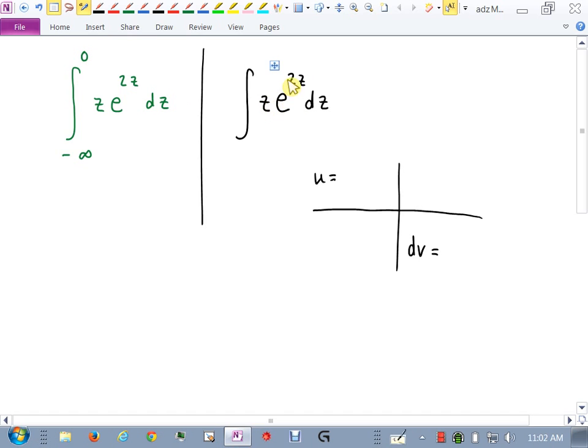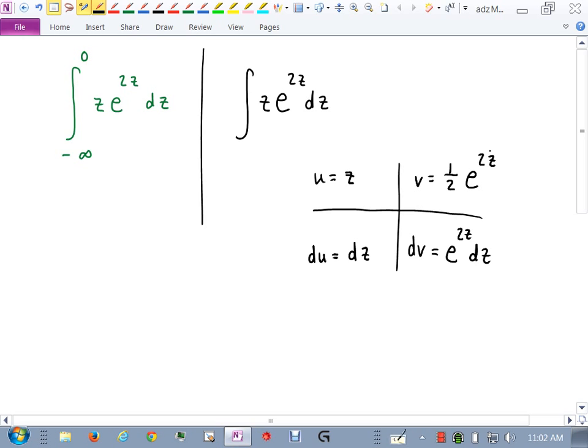And then the antiderivative of e to the 2z is itself, scaled by 1/2. That will make the z go away in the new integral, which is a good thing. So u is z, dv is e to the 2z dz, du is dz, and v is 1/2 e to the 2z.